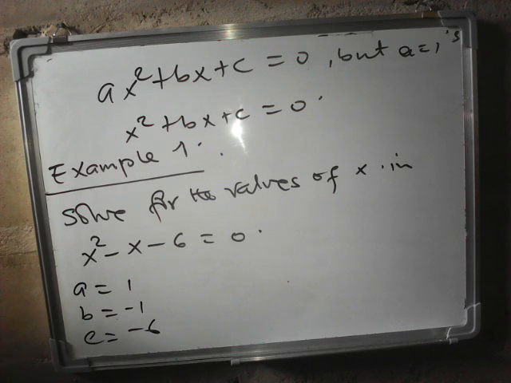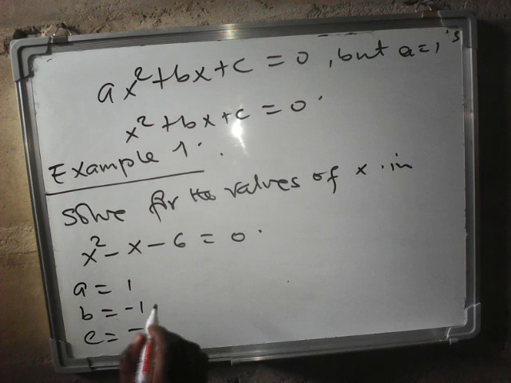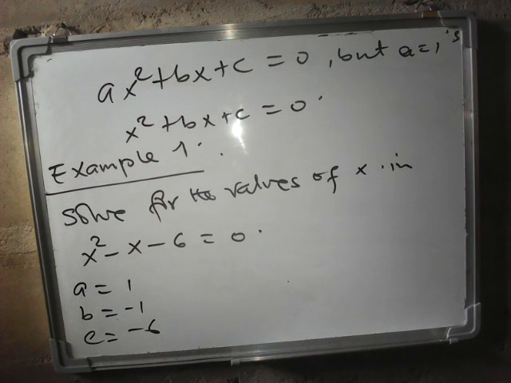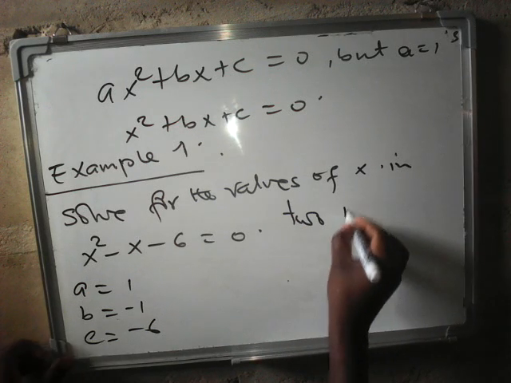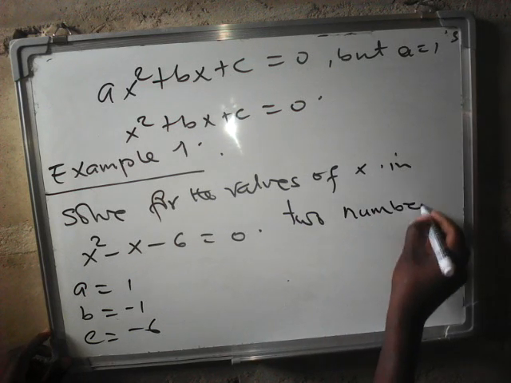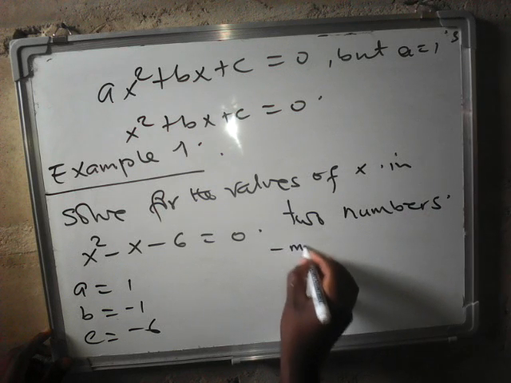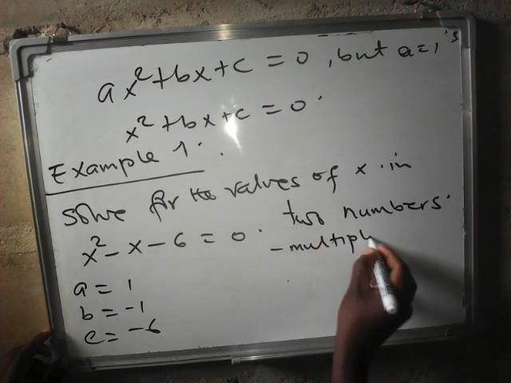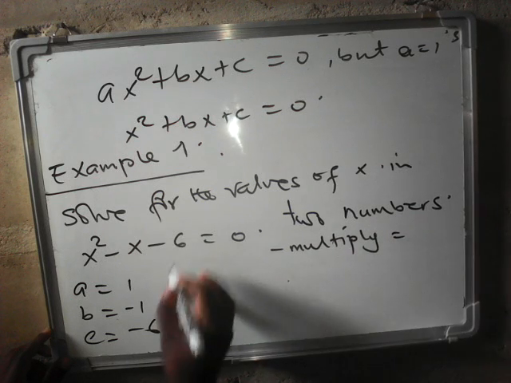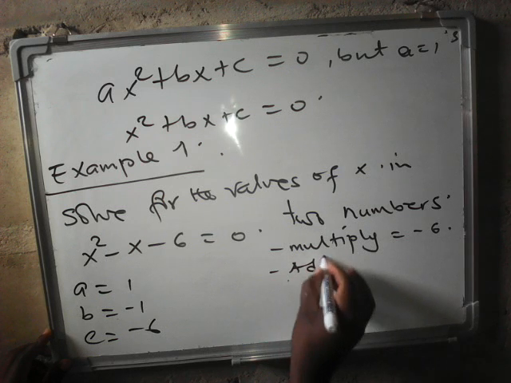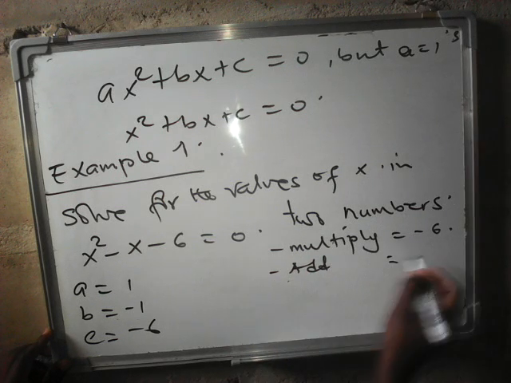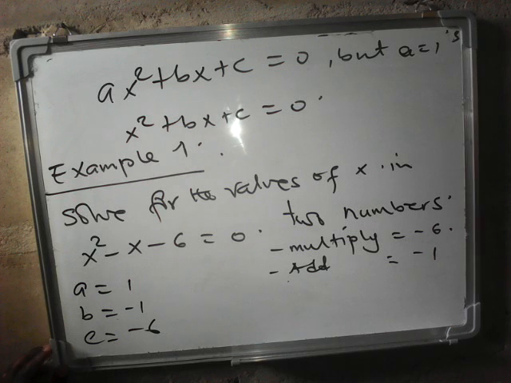So now what you do, you look for the two numbers which you can multiply to obtain -6, and add to obtain -1.